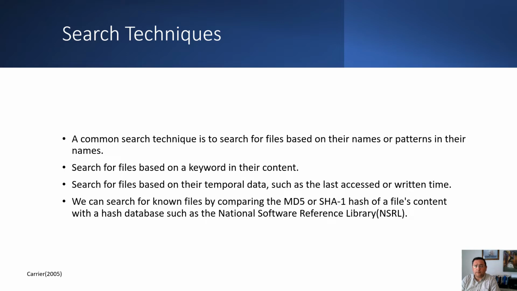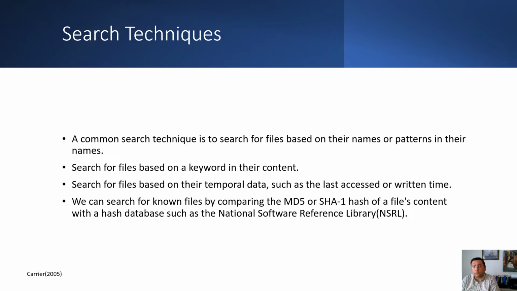There are many search techniques. A common technique is to search for files based on their names or patterns in their names. Searching for files based on keywords in their content is another technique, and searching for files based on their temporal data, such as the last accessed or written time, is another method to identify the evidence.